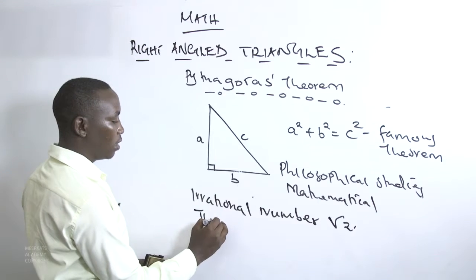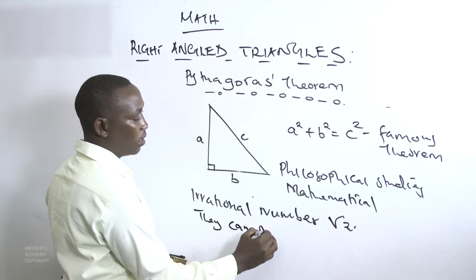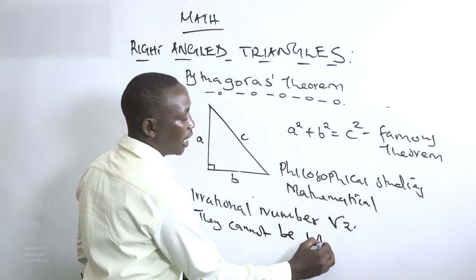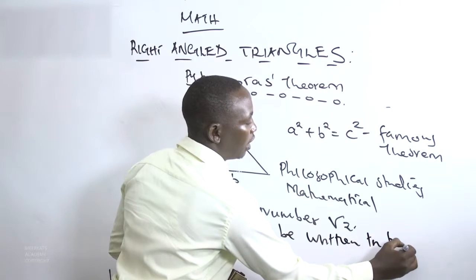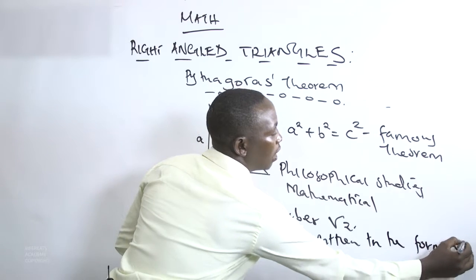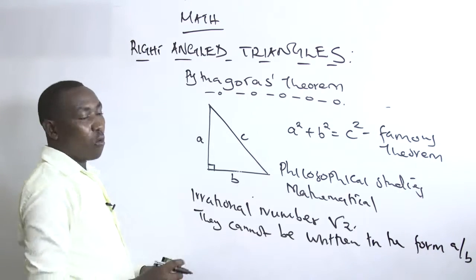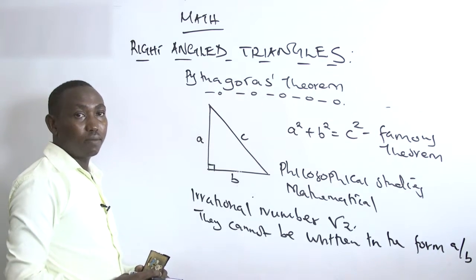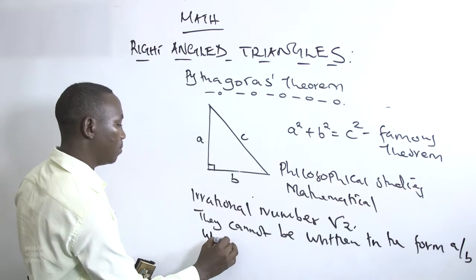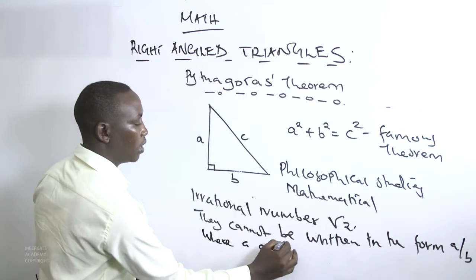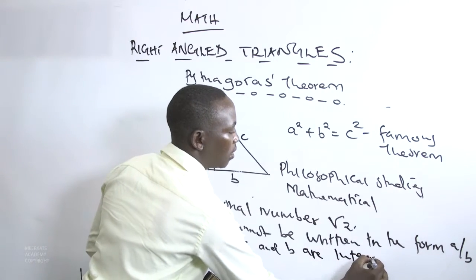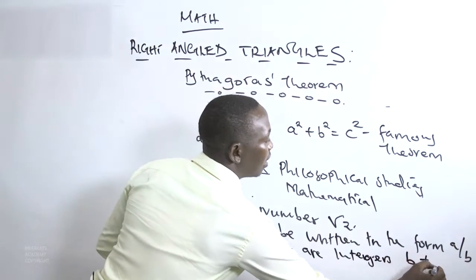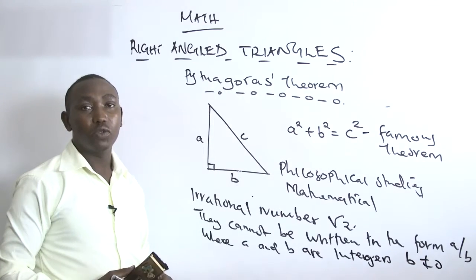They cannot be written in the form A over B, where A and B are integers, B not being equal to 0.